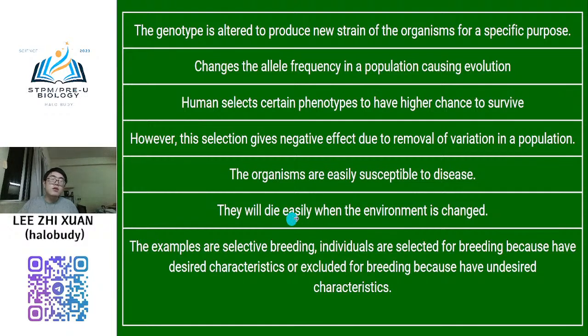And normally this kind of organism will easily die when the environment is changed, because it is a human change made for some purpose. We don't think about the environment change. If the environment changes, it will easily die, because it is not suitable for that kind of environment.